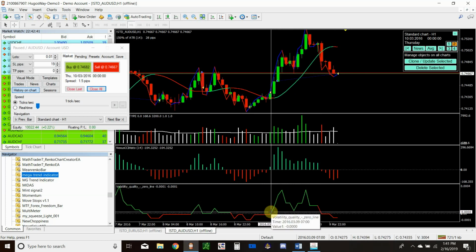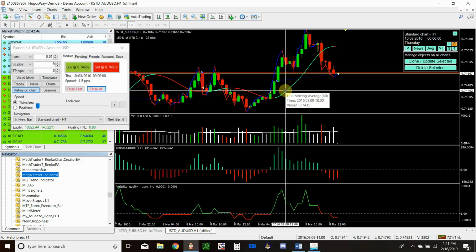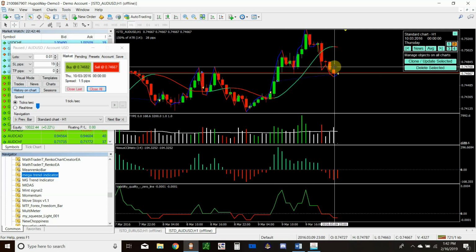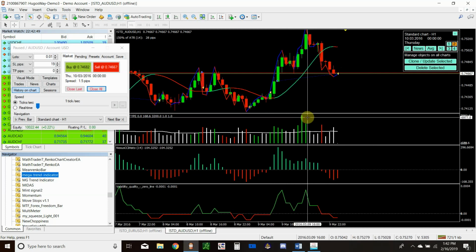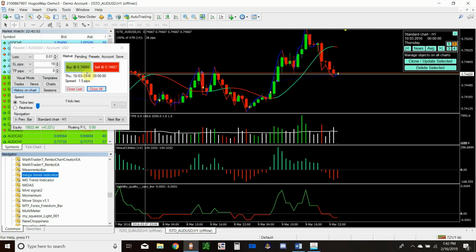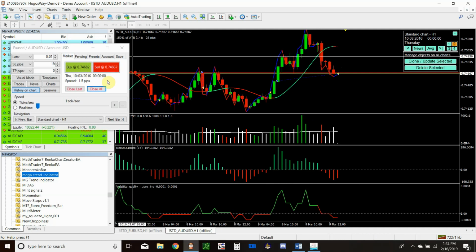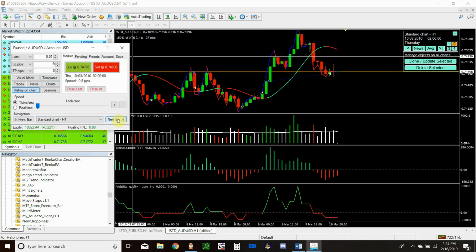And here is right about where it crossed as well. So that's something else to think of. Right now we'll keep the same rules just because we don't know if we're just on a streak of not very good wins. We are still in the profit, so that's the important thing.